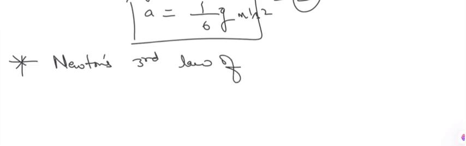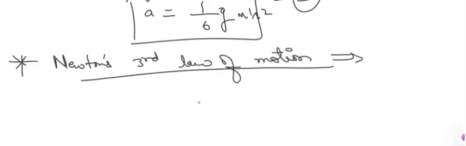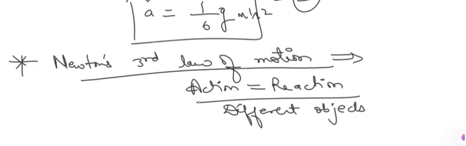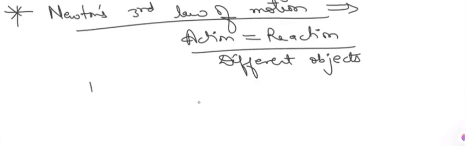So next is Newton's third law of motion. What does this law convey? Whatever action we have, that will be equal to reaction. Thing to be noted is that both are acting on different objects. They do not act on the same object. I can give you one example.